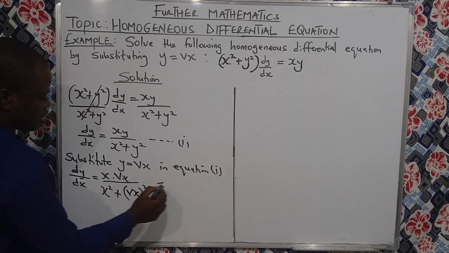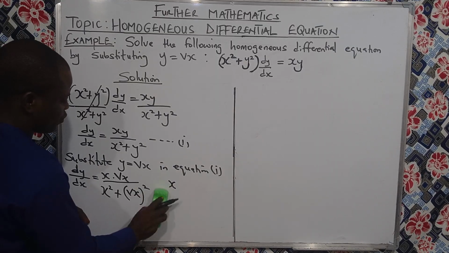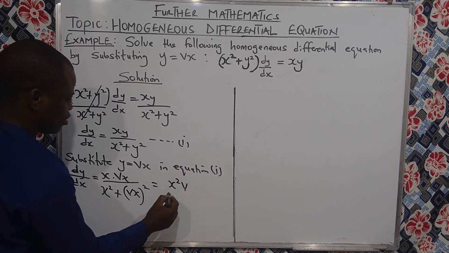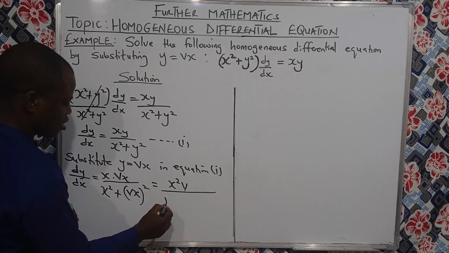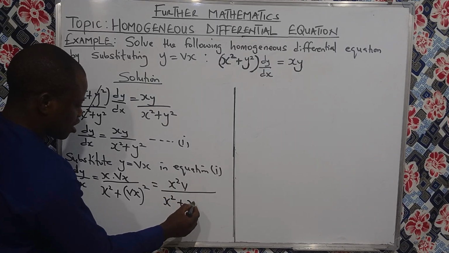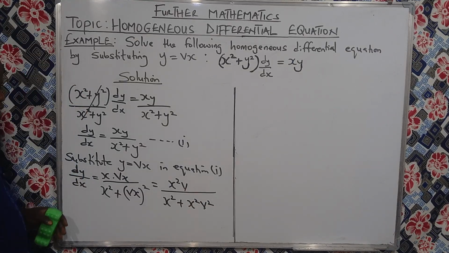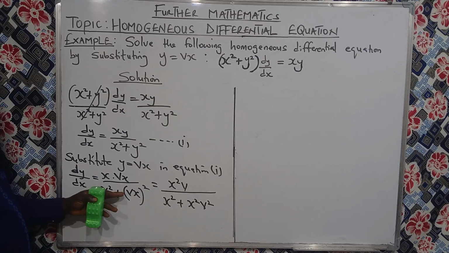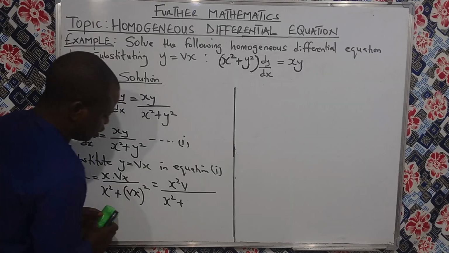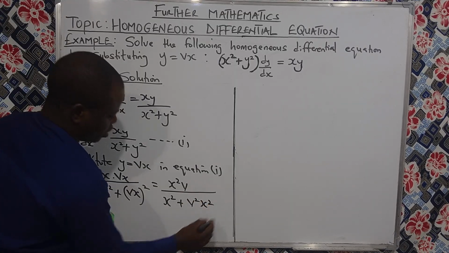Now x times vx is x squared v, over x squared plus x squared v squared. You can still write it making v come before x, still the same thing. We have v squared x squared.